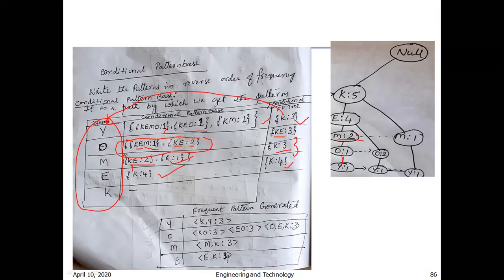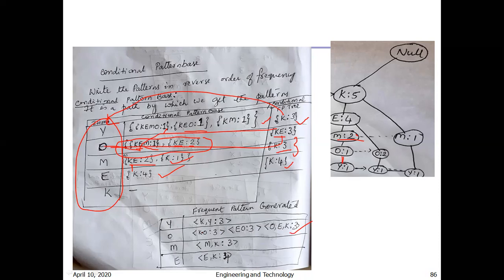Now we can see the combinations. One is K and O, then E and O. Next is KEO together. I hope it is clear to you. Please give me the answer.